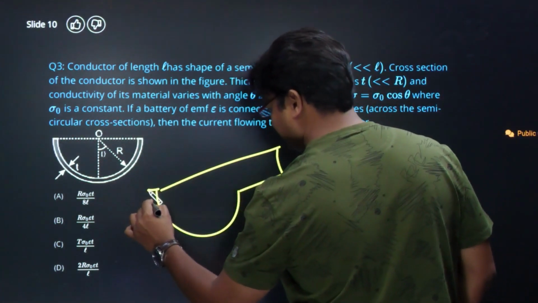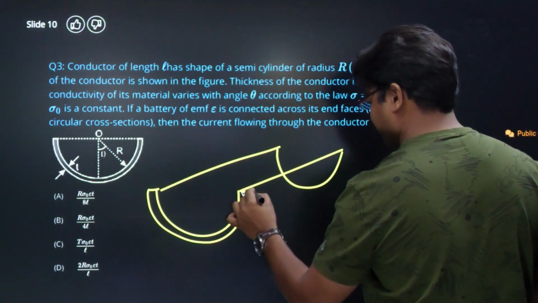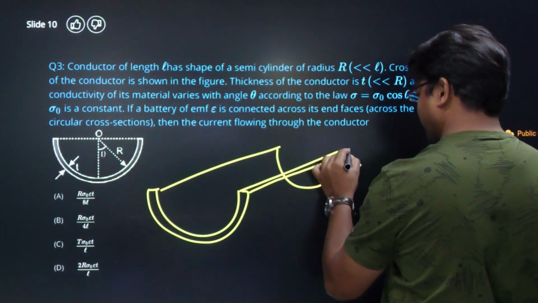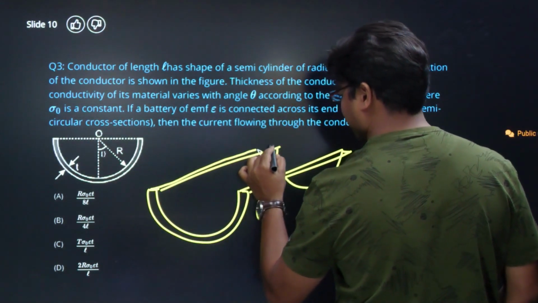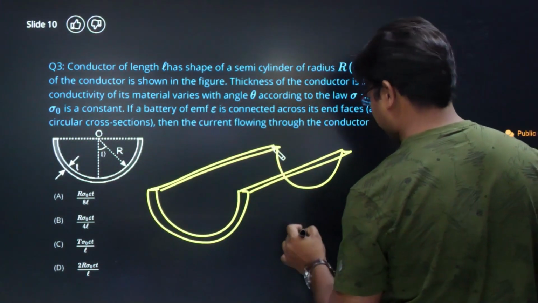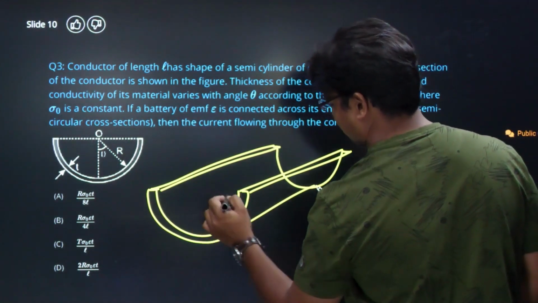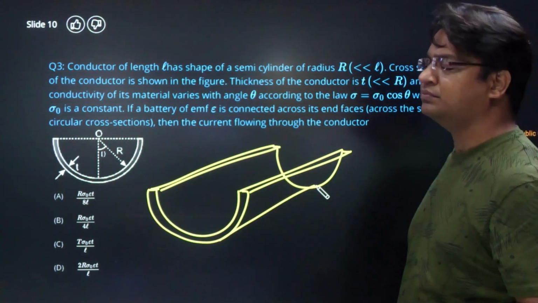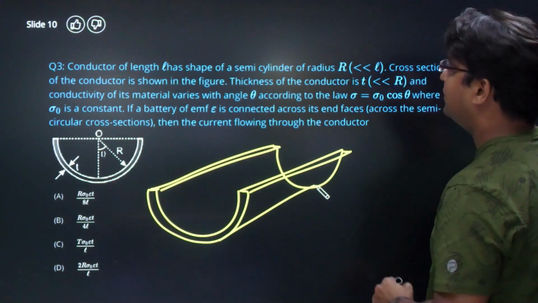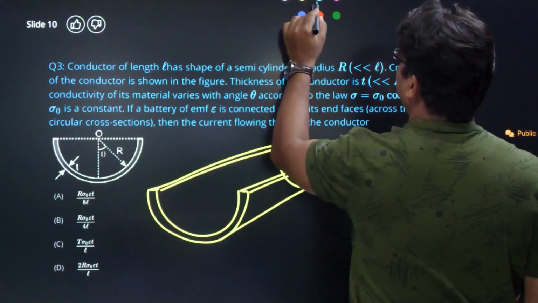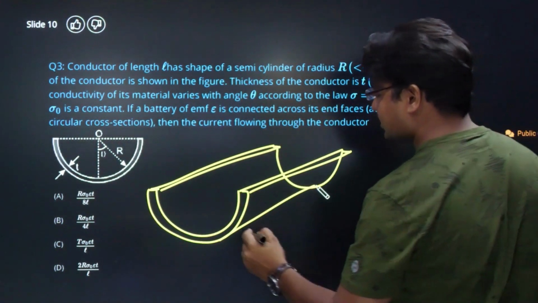So the figure should appear like this. Okay, this is the situation.